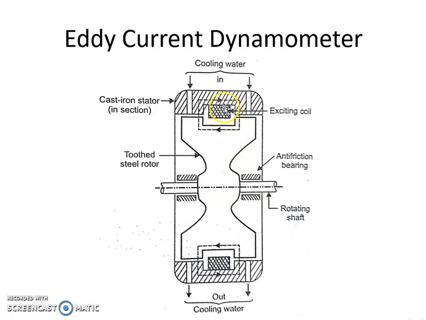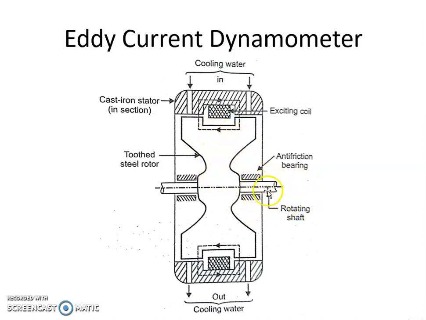Simultaneously the coil is excited by means of an AC or DC supply. When the coil is excited, it produces magnetic flux around it, and since the rotor is rotating continuously along with the shaft, the rotor cuts the magnetic flux, and because of that eddy currents are induced in the rotor.